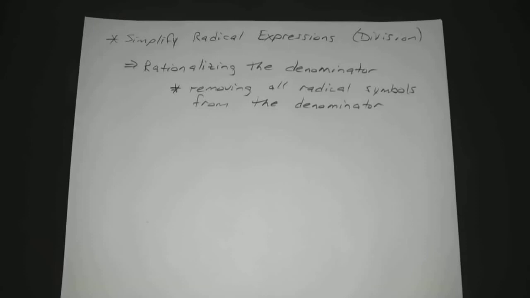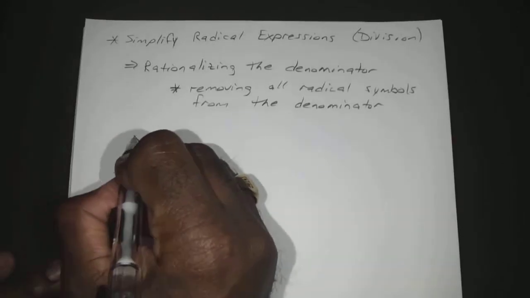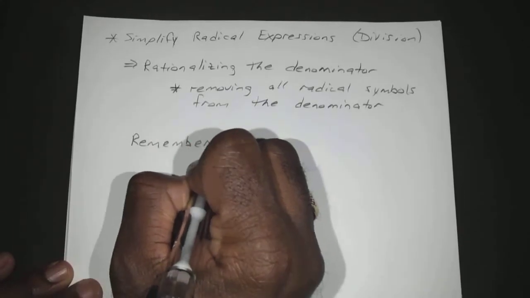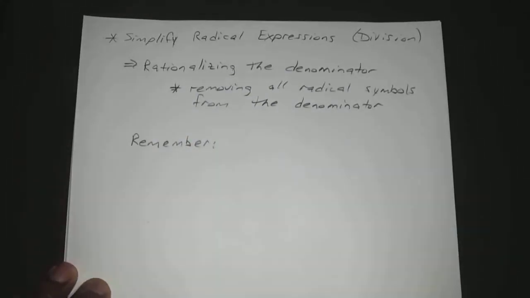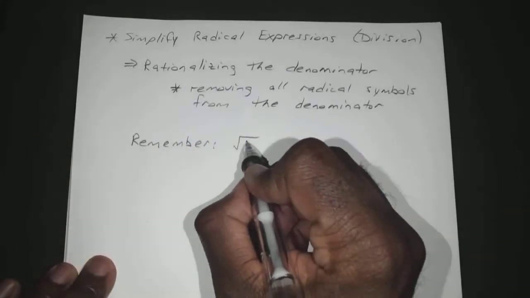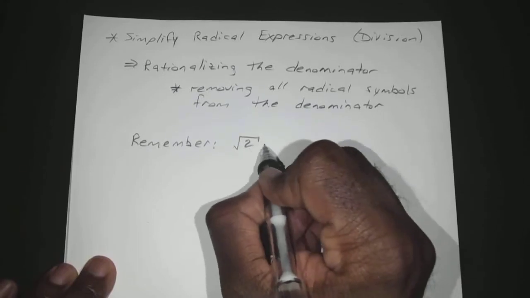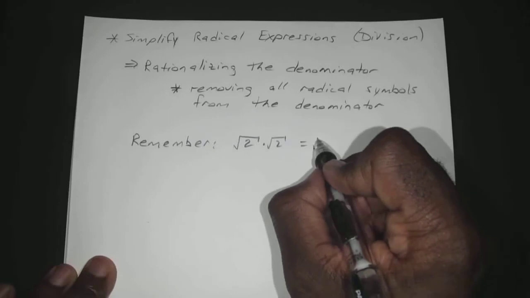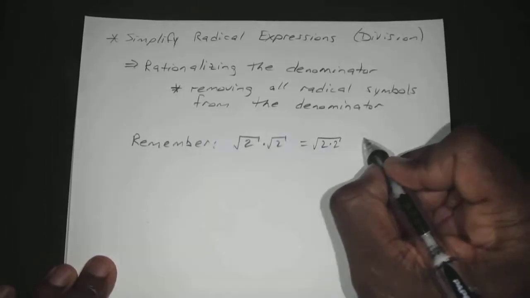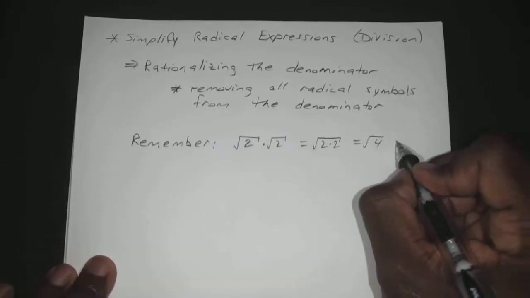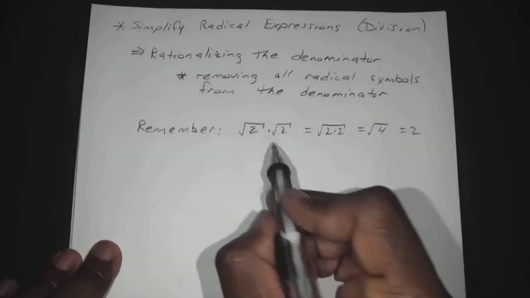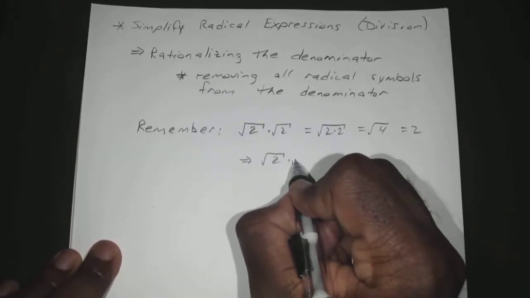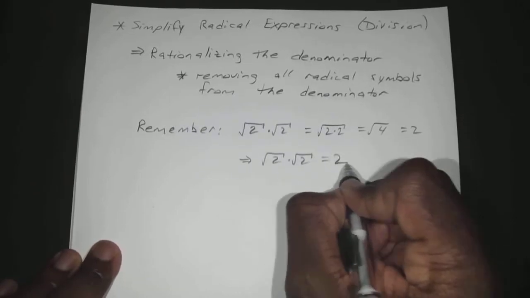Okay. Now to do that, you want to remember a few things. If we had square root of 2 times square root of 2, that would just be square root of 2 times 2, square root of 4, which is 2.